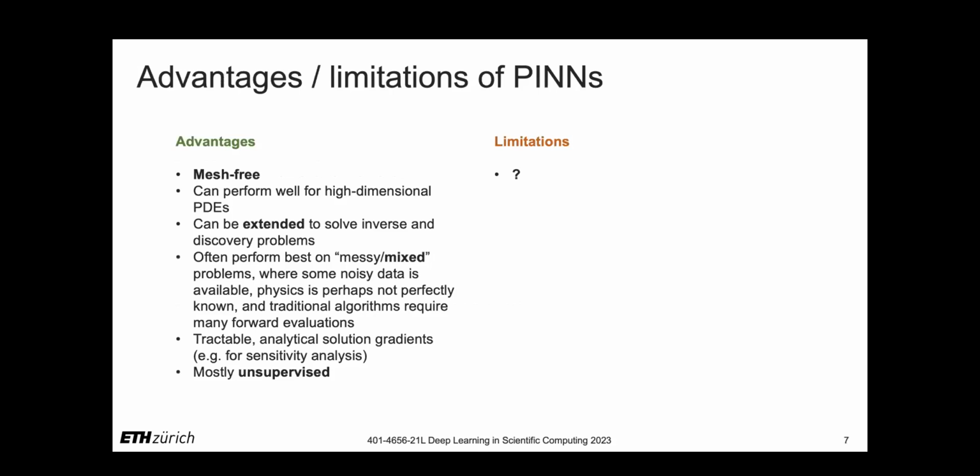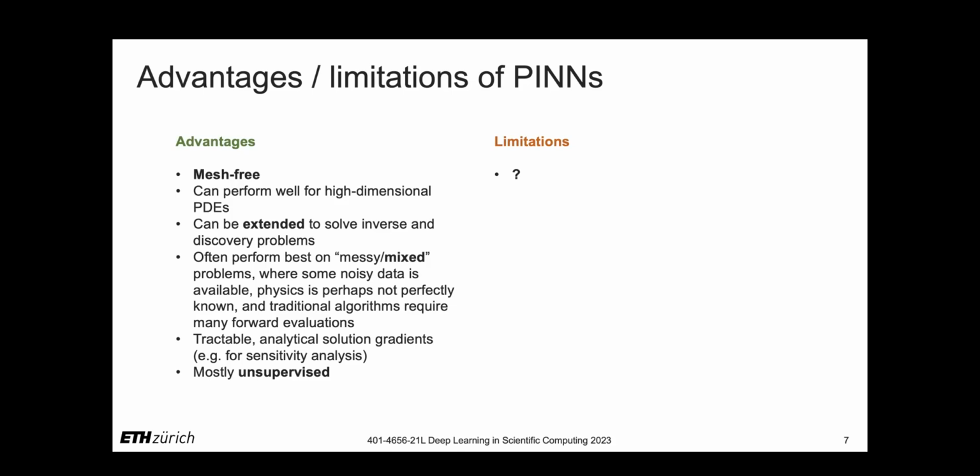Okay, so I think I've already convinced you over the last lecture what the advantages of PINNs are, so I'm going to go through them very briefly. The biggest one is that PINNs are mesh free. This is a massive advantage compared to finite element methods, for example, where you have to spend a lot of time creating a high quality mesh for the simulator. Remember, PINNs give us an actual function, which we can query at any point in space rather than a discretized solution.